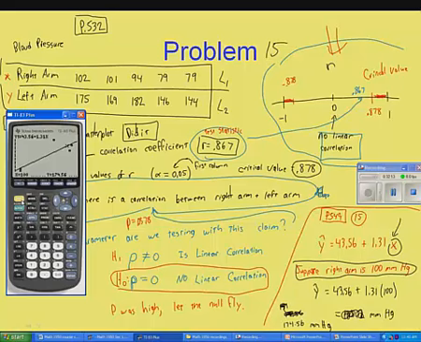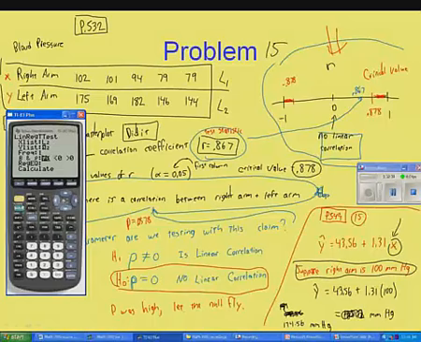But if you don't like that, another way to do it is, okay, here's what we did. Remember we did stat and we did test, right? Which test did we do? Linear regression t-test. Now, what you were saying is you want the X's to be list 2, the left arm. So I'll do that. And you want the Y's to be L1. So I'll do that. And I'll go ahead and calculate it.